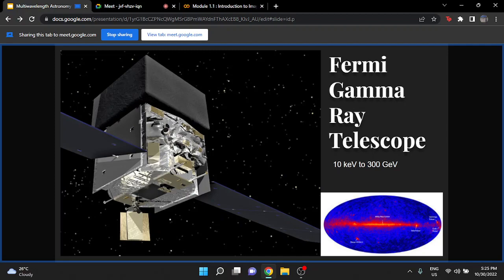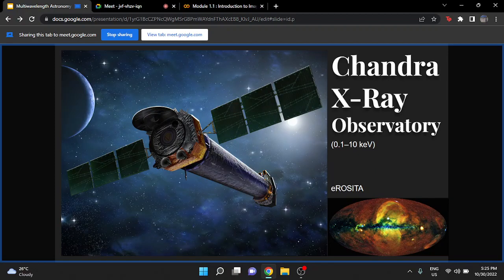On a side note, this particular telescope, Fermi telescope, looks at energies 10 kilo electron volt to 300 giga electron volts. Moving on, this is the Chandra X-ray Observatory, and this is a very popular mission, and it has quite a lot of history.